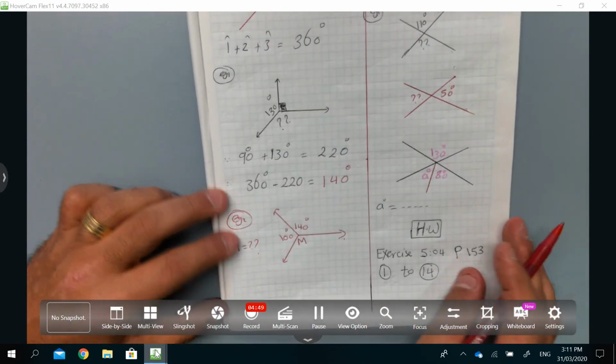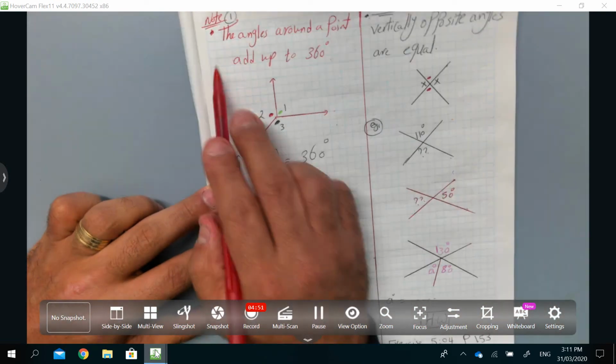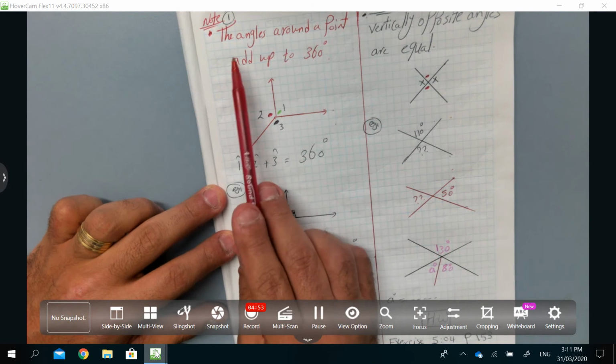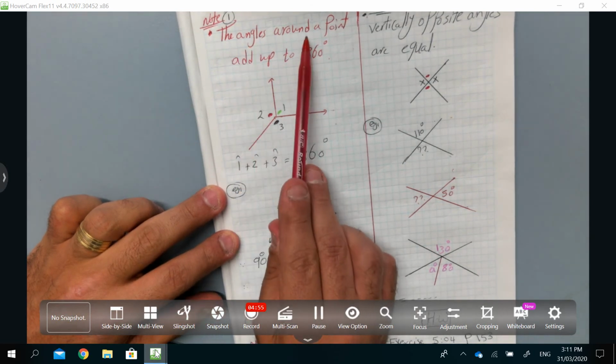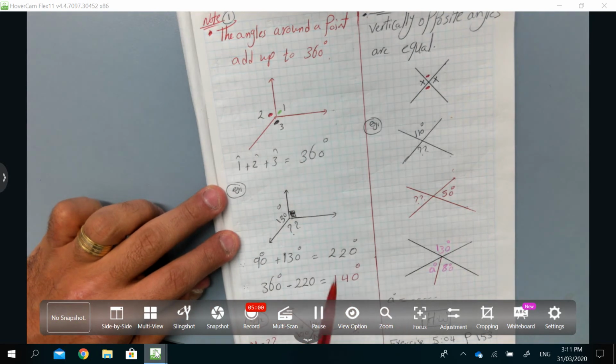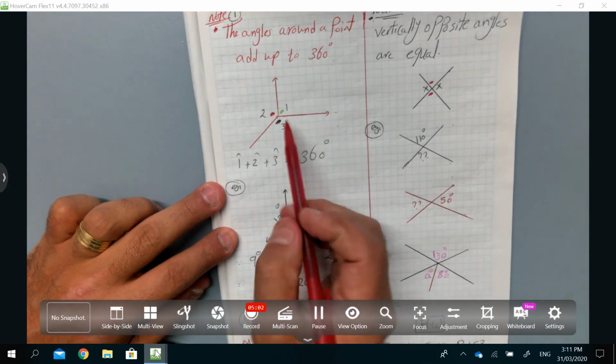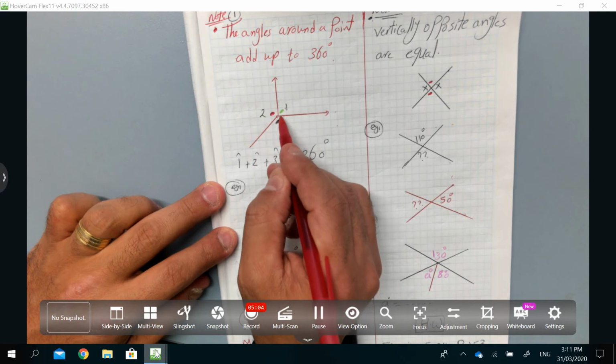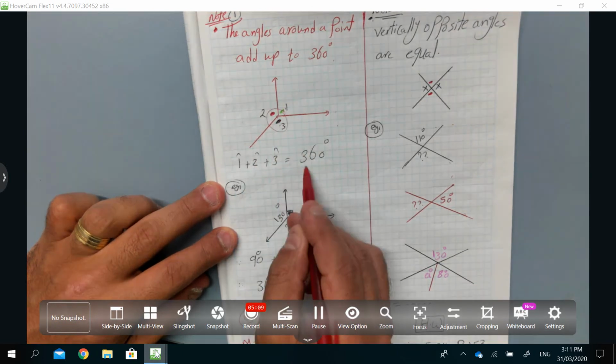Now we have two important notes. The first one is that the angles around a point add up to 360. If you add up here 1, 2, 3, how many angles do we have here? 3 angles. If you add up these angles, you must get 360.